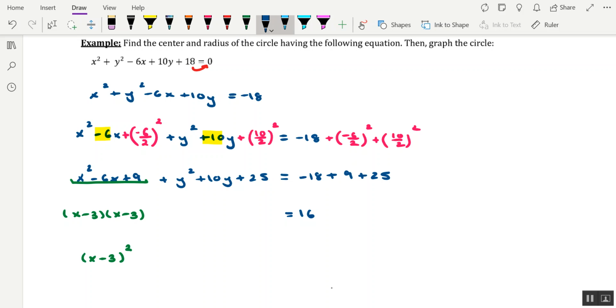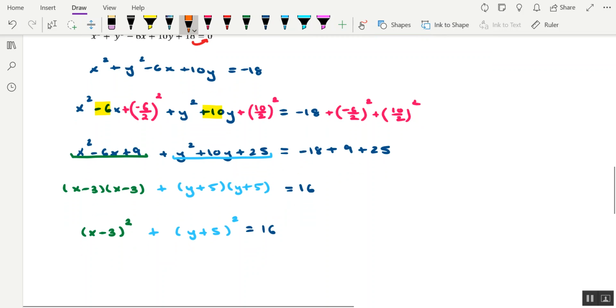In a similar vein, y squared plus 10y plus 25 can be rewritten in the factored form y plus 5 times y plus 5, in which case, using exponential notation, can be condensed into y plus 5 quantity squared. And just like that, we have put the equation for our circle in standard form.